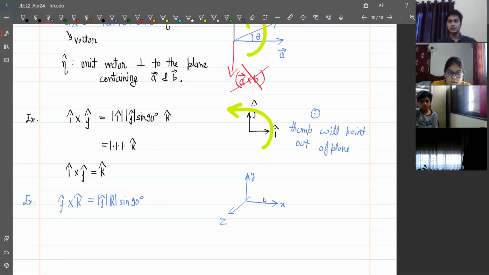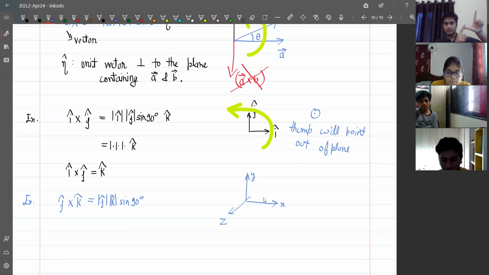So curl your finger. This is J, and let us say this is K. Okay, and then curl your fingers and try to figure it out. Tell me if it is I cap वाला direction या I cap के opposite वाला direction. Opposite.